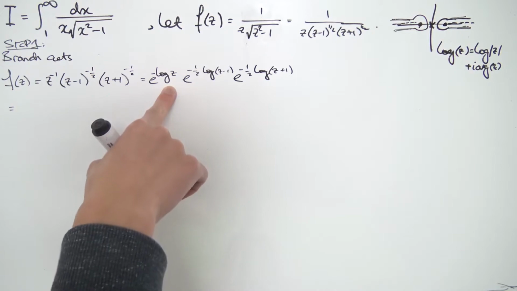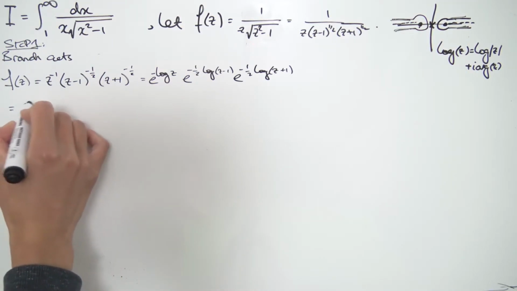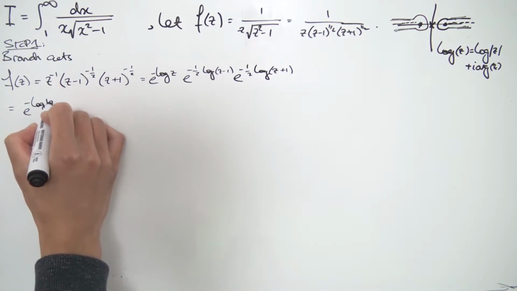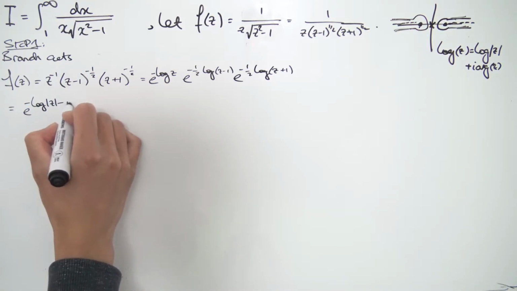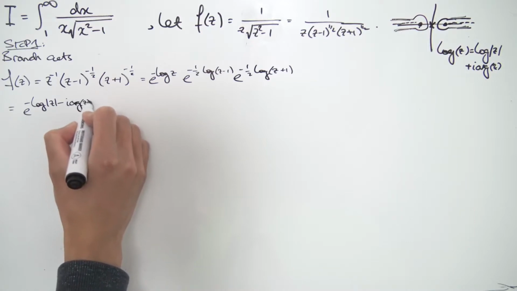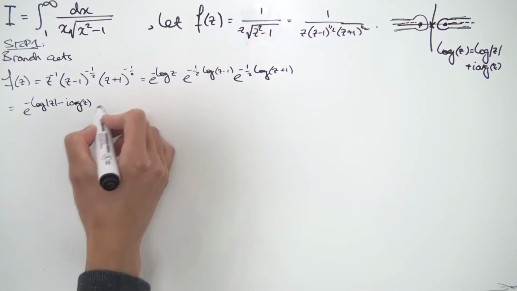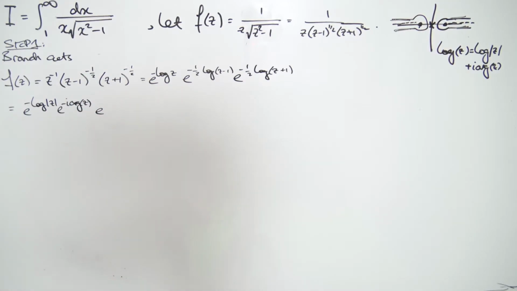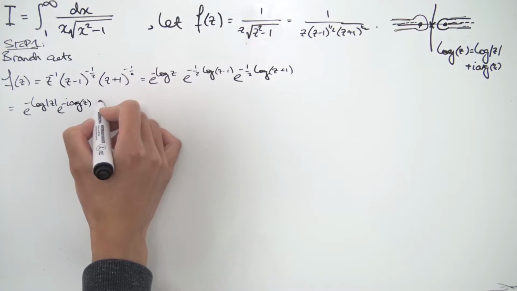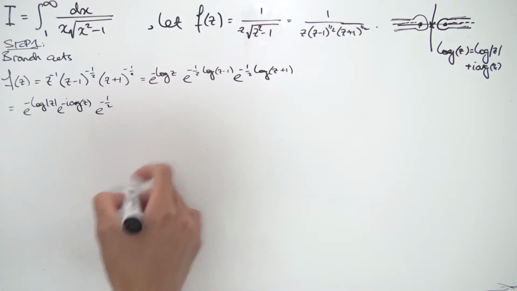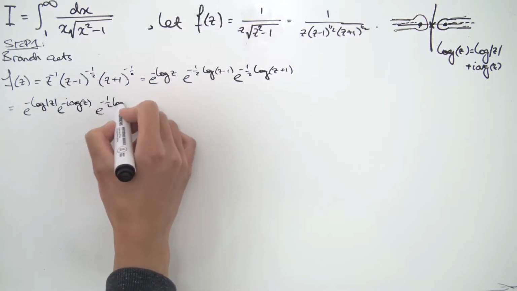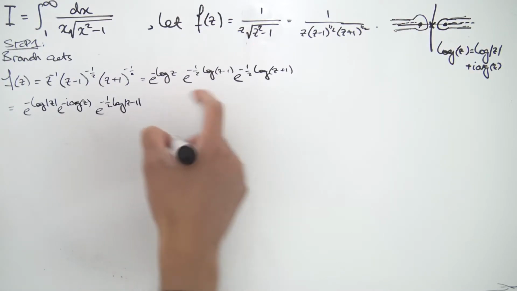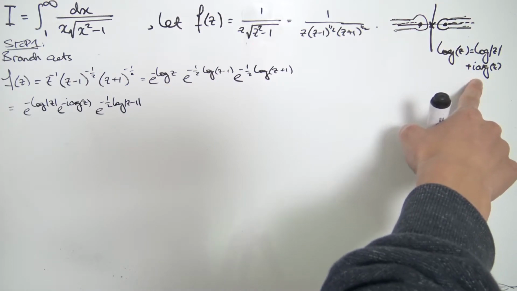I'm going to expand out the logs. So this is e to the minus log of the absolute value of z, then minus i times the arg of z. We can also split the exponentials up using exponential properties, and then we also have e to the minus a half. We still have the logarithm. Now we have the absolute value of z minus 1, and we also have the imaginary part, which is i arg of z minus 1.